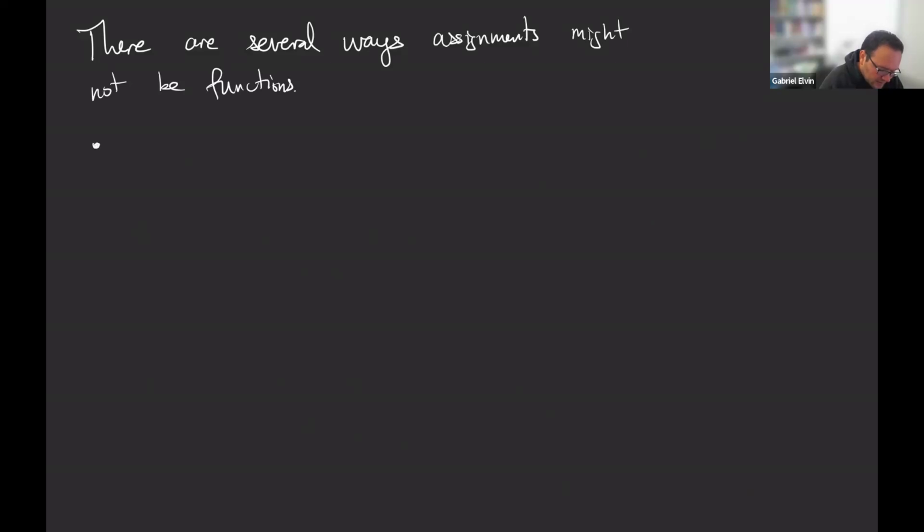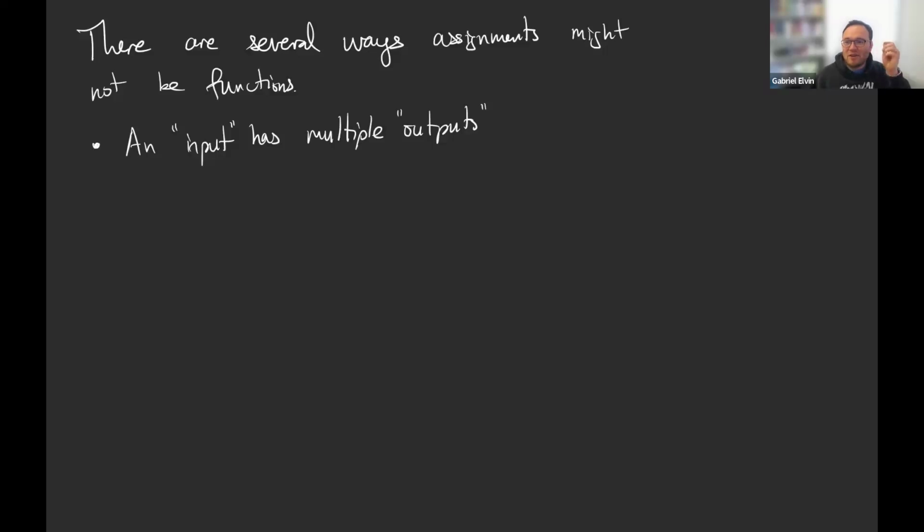So one way is that an input has multiple outputs. And I shouldn't even use those words because only functions have inputs and outputs. So if you have one input, but it gives you multiple outputs, that's not a function.